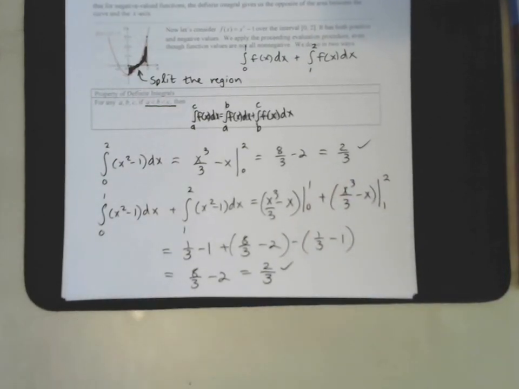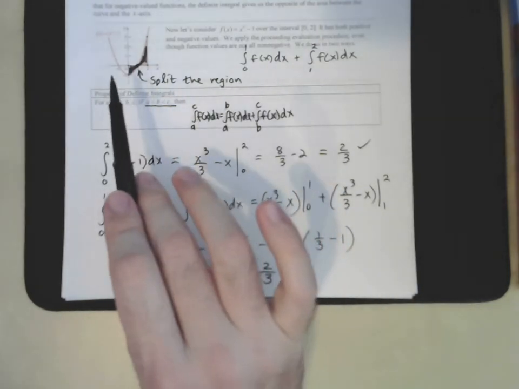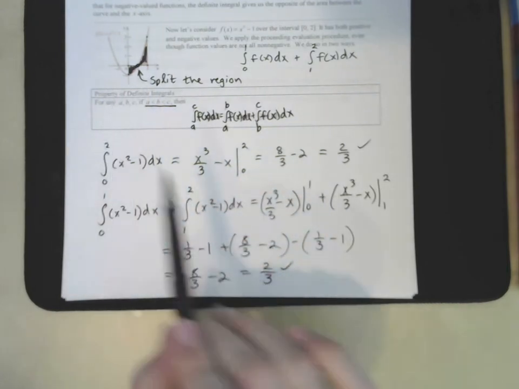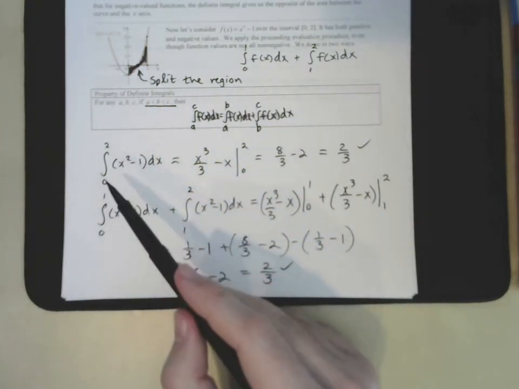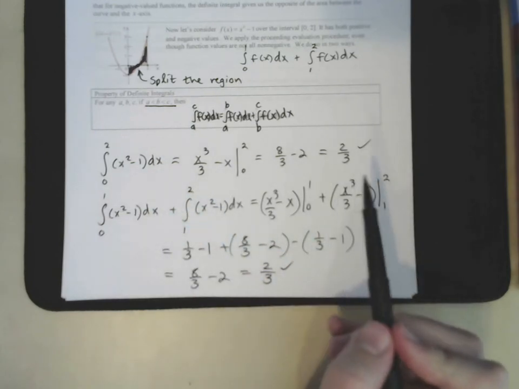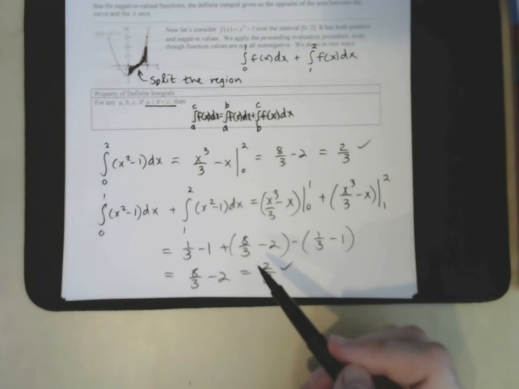So I chose this particular problem on purpose to show you that when you have a continuous function like this, you can do the integral no problem over that interval. And if you split it and if you don't split it, you will get the right answer.